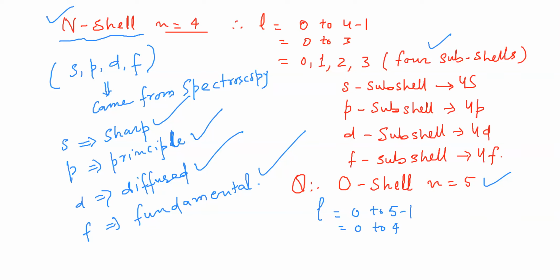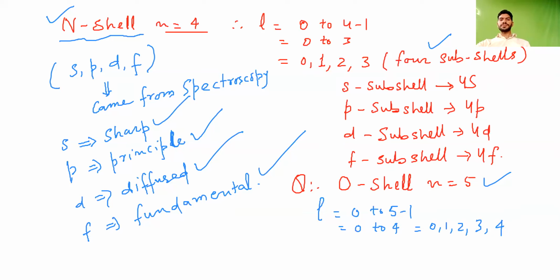There isn't any minus 1. We start from 0 and end at 4, so it will be 0, 1, 2, 3, and 4. That means there will be 5 subshells.